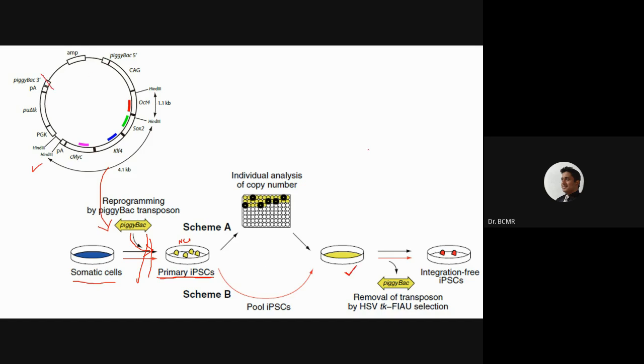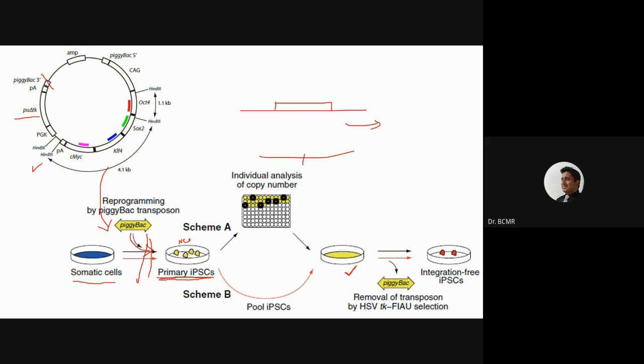The whole objective is this is the genome. We want to put in the transposon. We want the reprogramming to happen, and then remove the transposon. So here we are using positive selection and negative selection slightly differently from the way we used them in transgenic animals.